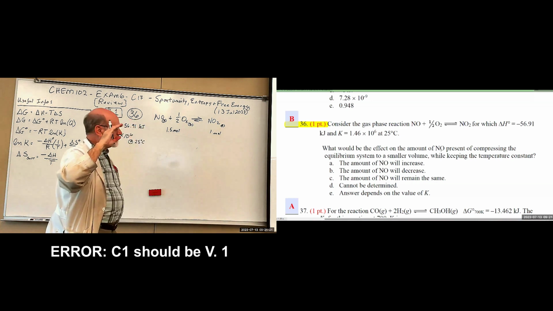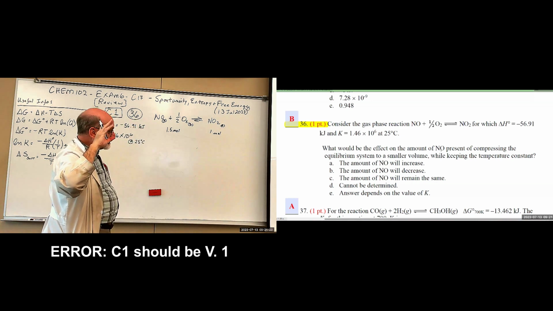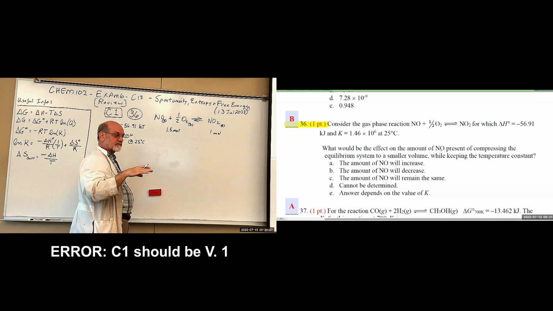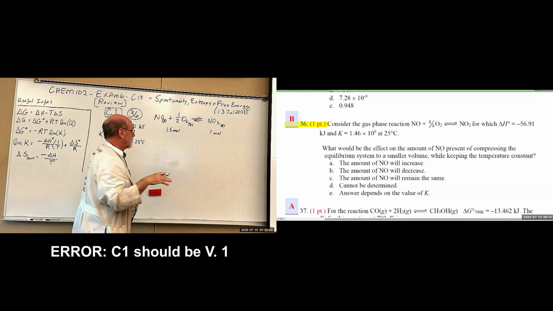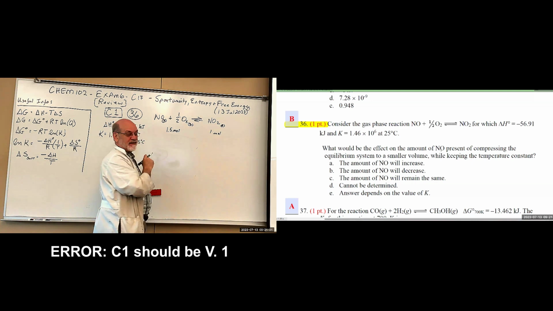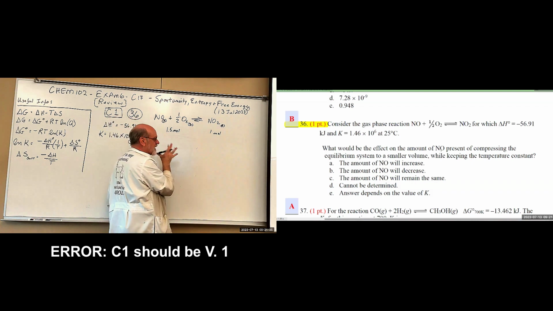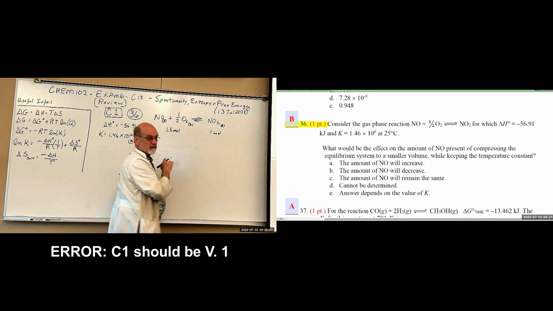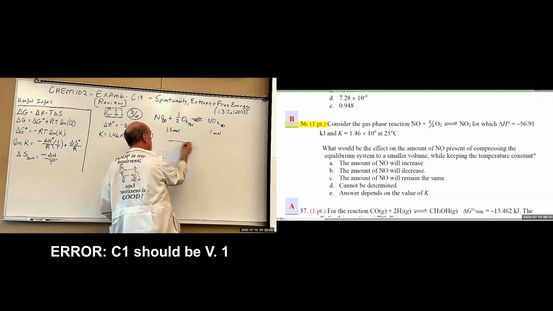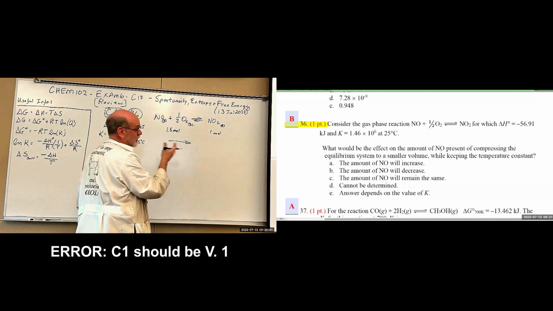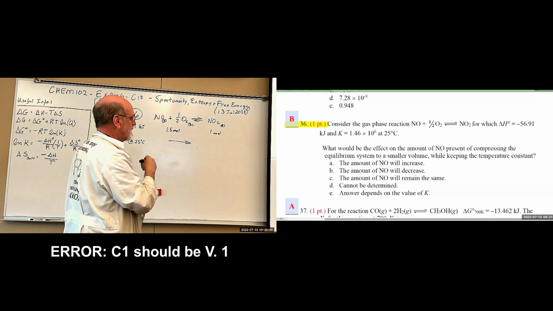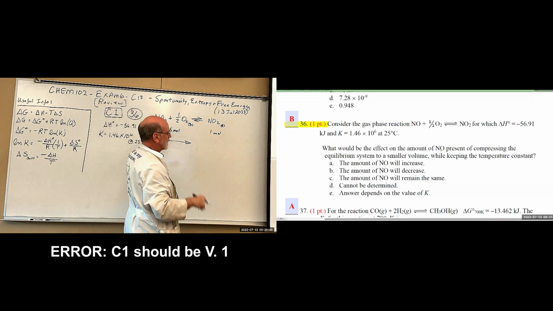So if you compress, you decrease the volume. You're increasing the pressure. And which way is it going to respond? It's going to go right. It's going to relieve some of that stress by making fewer moles of gas. Right? So if it's going to go that direction, I think we can probably answer the question now. The amount of NO will increase.